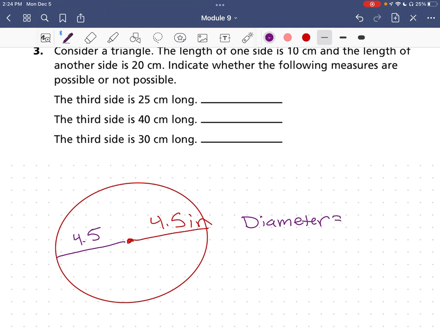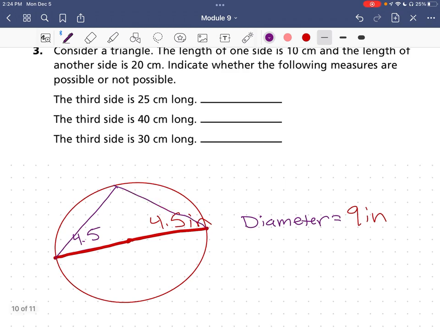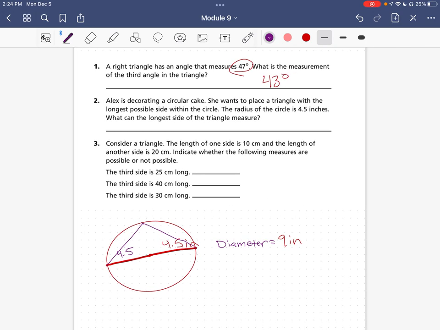Our diameter would be adding up both of those sides, radius plus a radius, to equal 9 inches. So she could put that lovely little triangle, something like that. So the longest side of the triangle, the longest it could be, would be 9 inches.